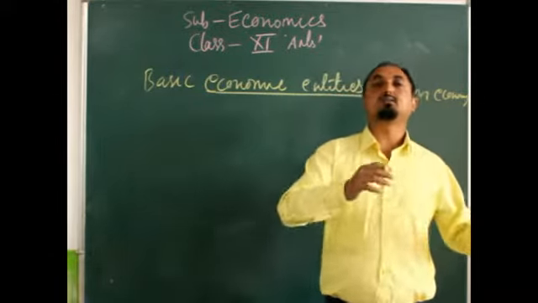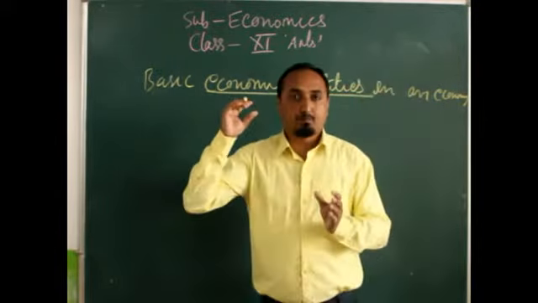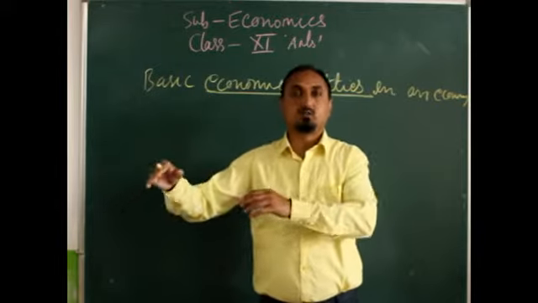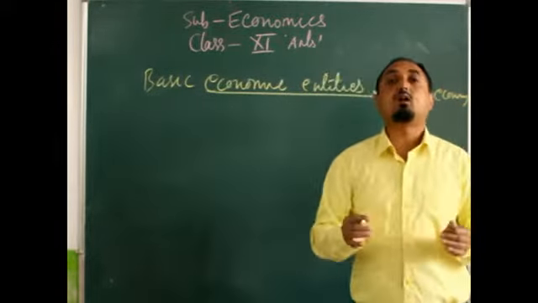At the same time, we are supplying various types of services to the firms or the producers, or maybe to the government. According to their capacity and capabilities, different individuals take part in different economic activities.